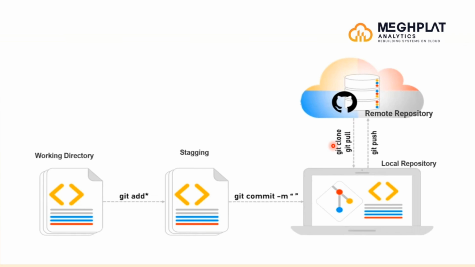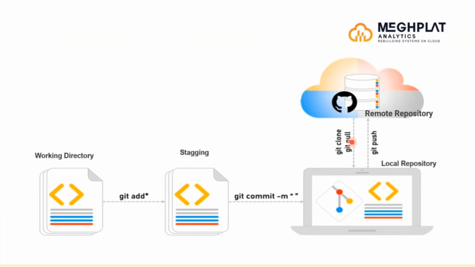So let's see git push. How does it work? Suppose I have already some code committed into my local repository, which is Git. From there, I want to push the entire code into this remote repository. So for that, we can use the git push command. The last one is git pull.